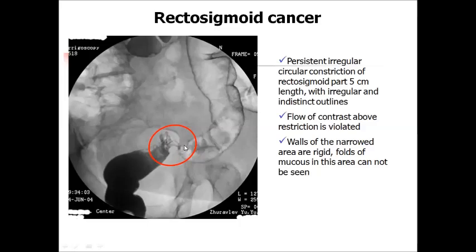Flow of contrast media above restriction is violated, and in the lesion walls are narrowed and rigid. Folds of mucosa in the area cannot be seen.